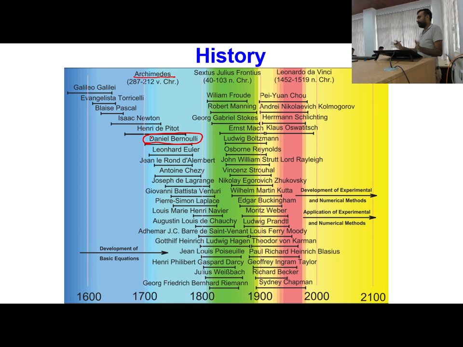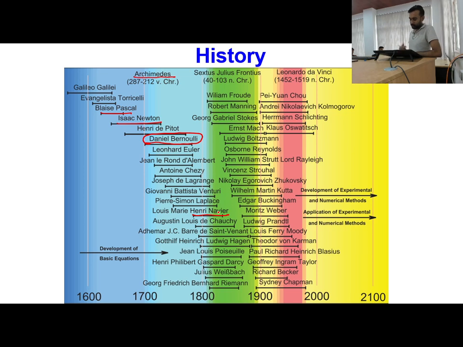So in written form, some principles of fluid mechanics are available from the history, from Daniel Bernoulli. Okay, and you can see Pascal, Newton. Newton gave Newton's laws of motion, and their applicability to fluids was then done by Henry Navier.